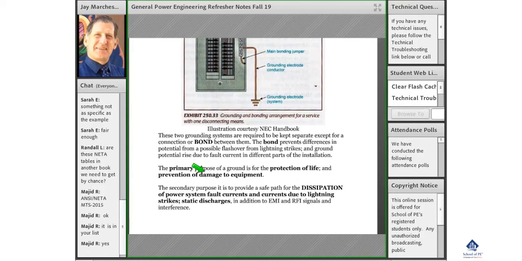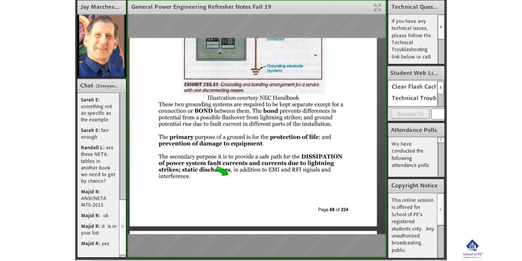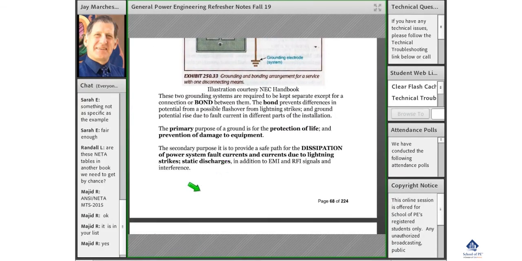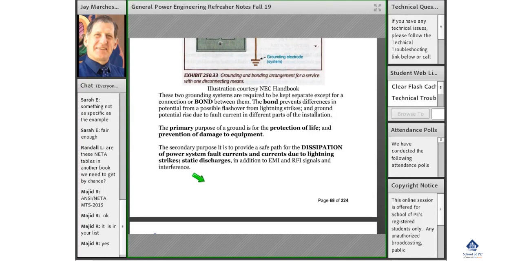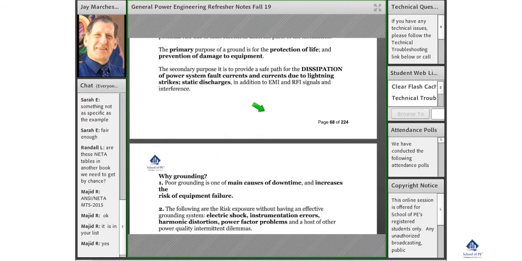So the primary purpose of the ground is for protection of life and prevention of damage to equipment. And the secondary purpose is to provide a path for dissipation of power fault currents, and currents due to lightning strikes or static discharge.